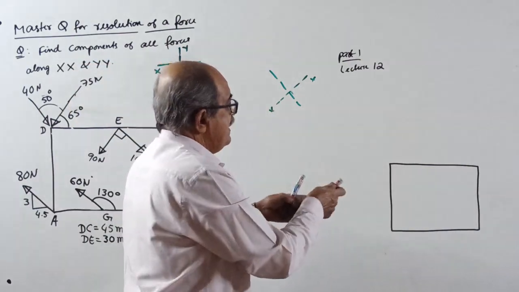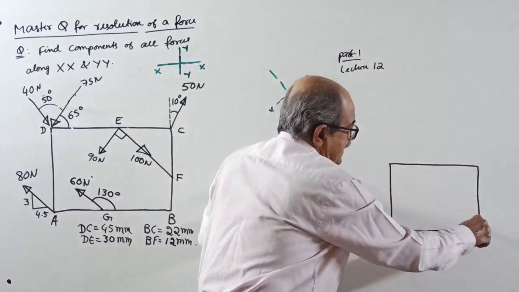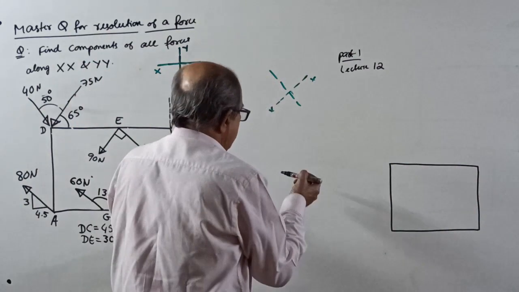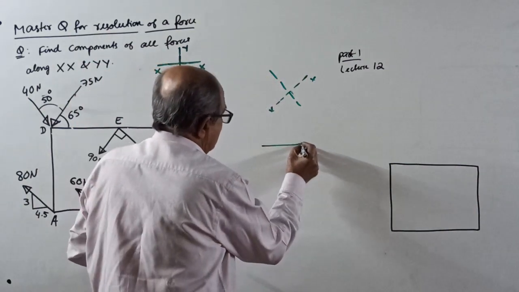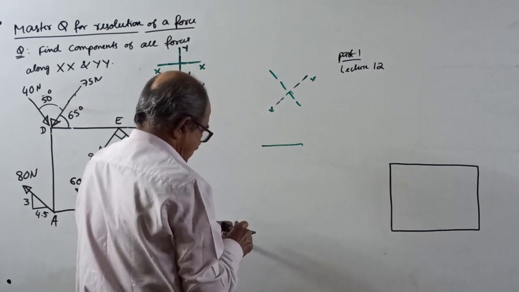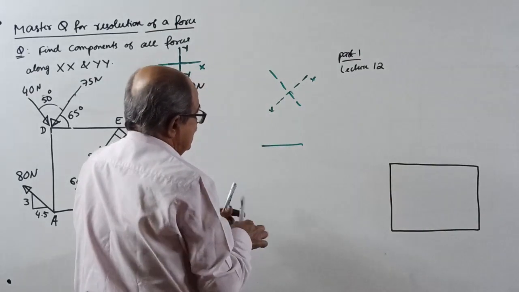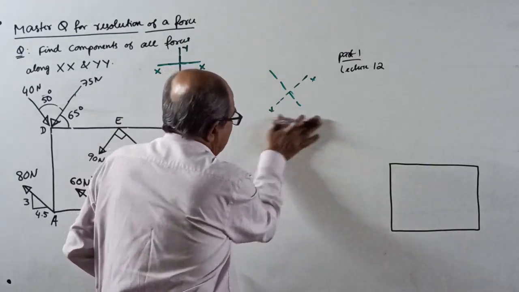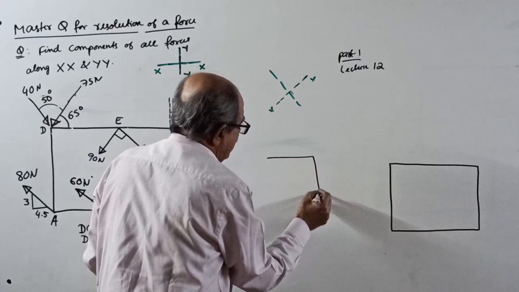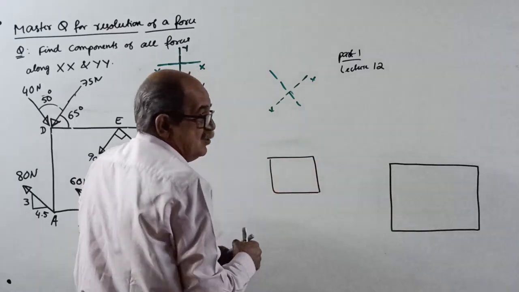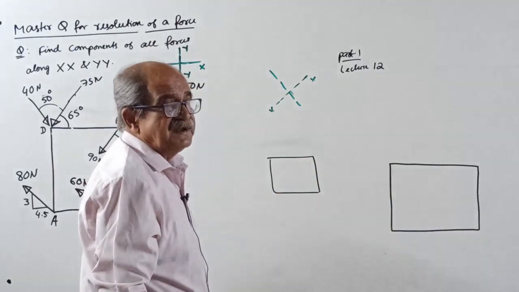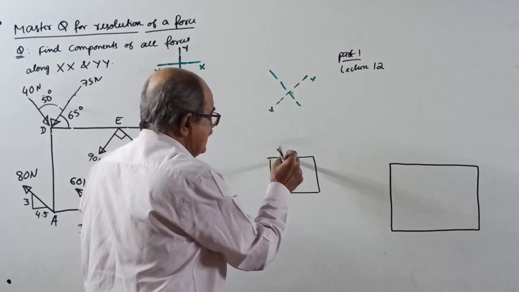There will be an inclined plane, some plane will be there. In strength of materials, you will get a case where an element is given. Then you have to find the expression for normal stress and shear stress on any inclined plane.